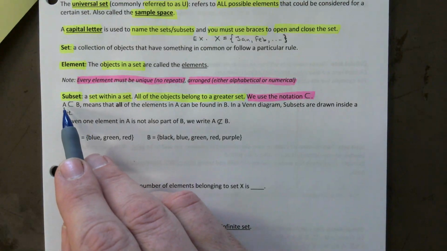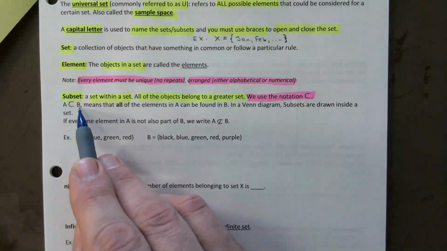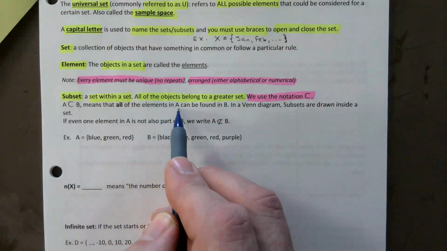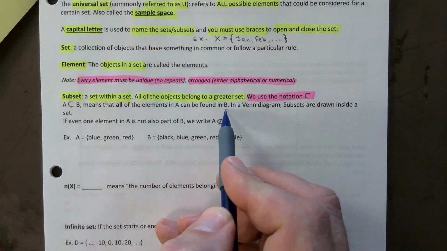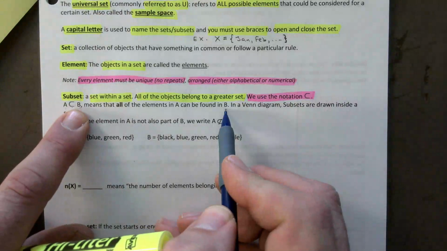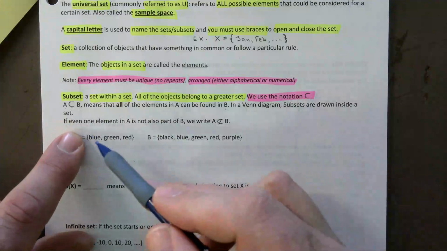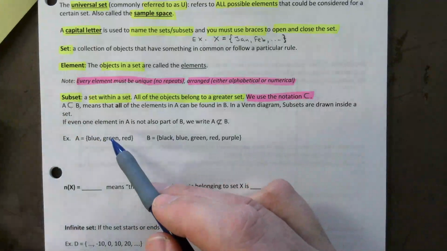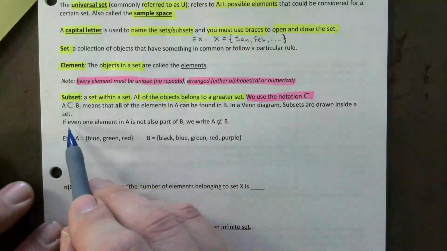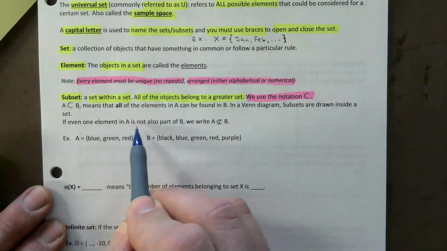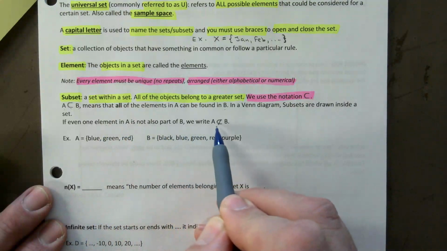If you see A, that symbol, B, what does that mean? It means that all the elements of A can be found in B. In a Venn diagram, subsets are drawn inside a set. If even one element in A is not also part of B, then we write not a subset like this.